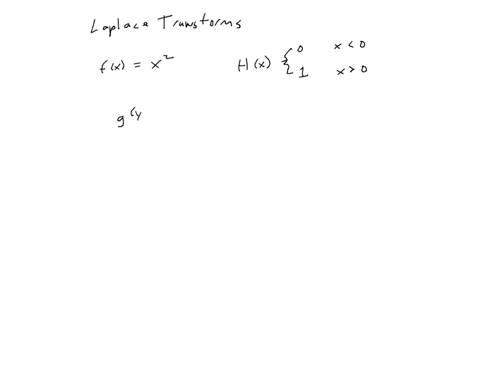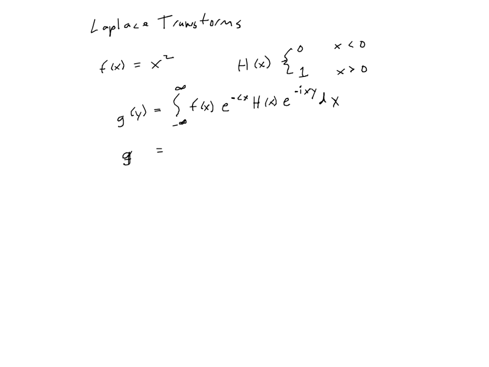So what happens is you end up with this transform, which looks like: essentially you take your function, e to the minus cx, times a Heaviside step function, e to the minus i x y dx, and your inverse transform.